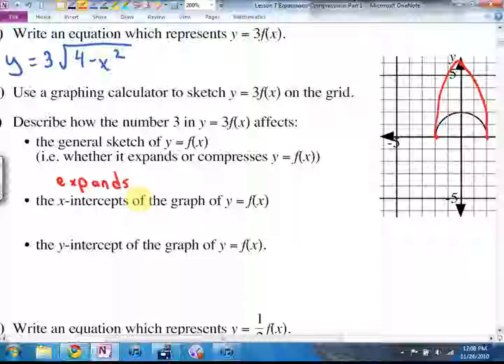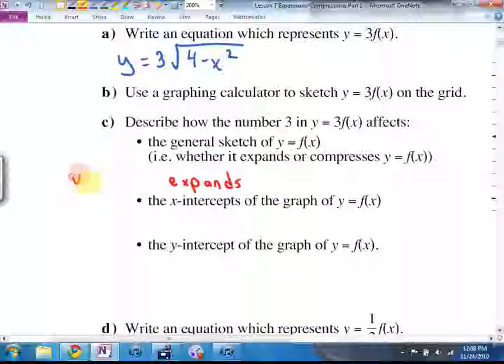And I'm even going to be fussier than that. I'm going to say vertically expands by a factor of 3. Every height became 3 times as high.